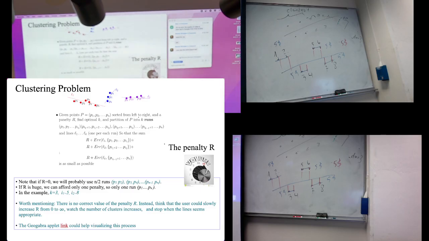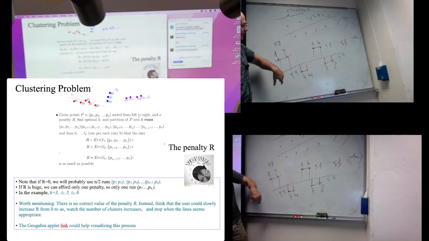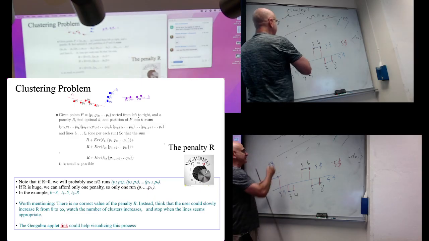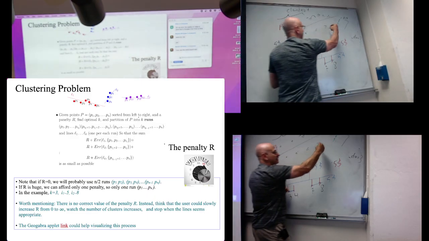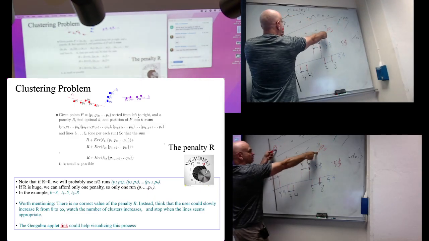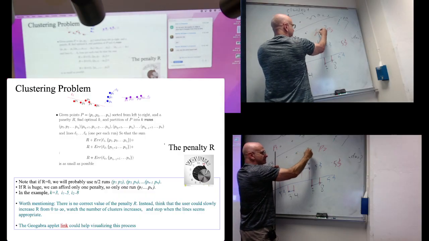When I think about a cluster, I'll always think about a contiguous set of points. My cluster will never contain P1 and P7 but not P6.